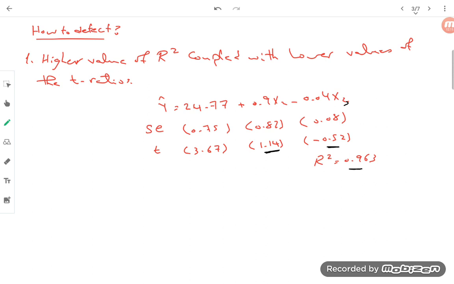Indicator number 2 for the detection of multicollinearity is the existence of a high correlation coefficient between two independent variables or predictors.